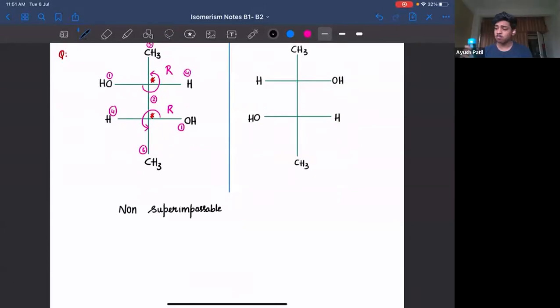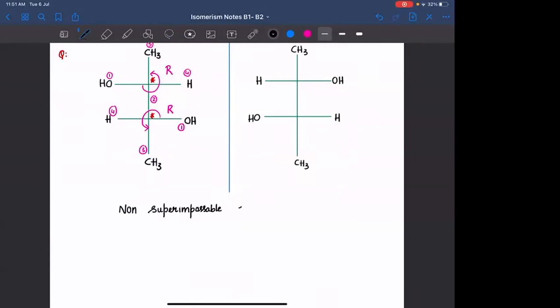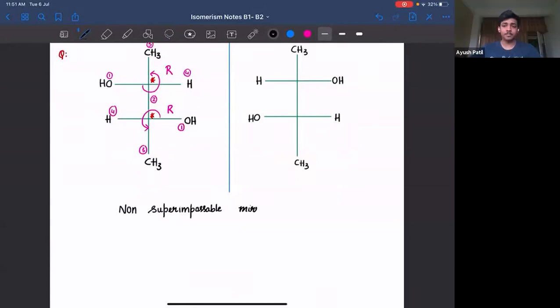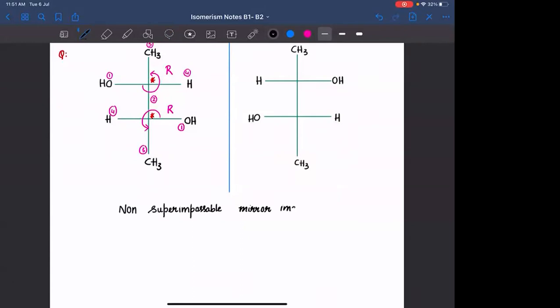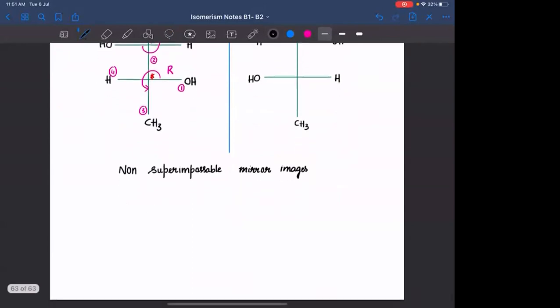Non-superimposable mirror images have a specific, very important term: they are called enantiomers.